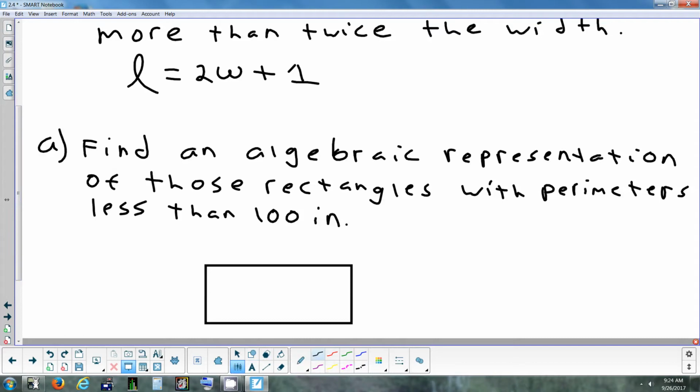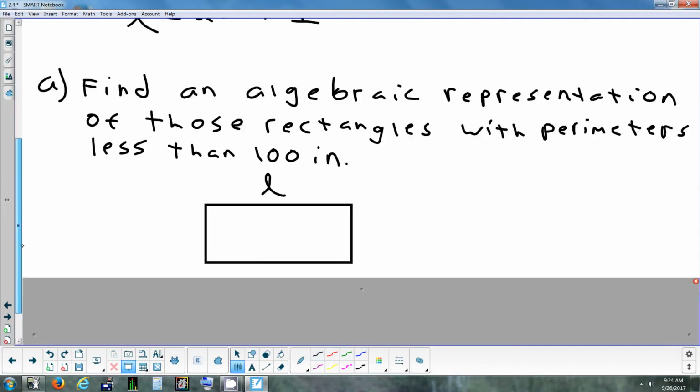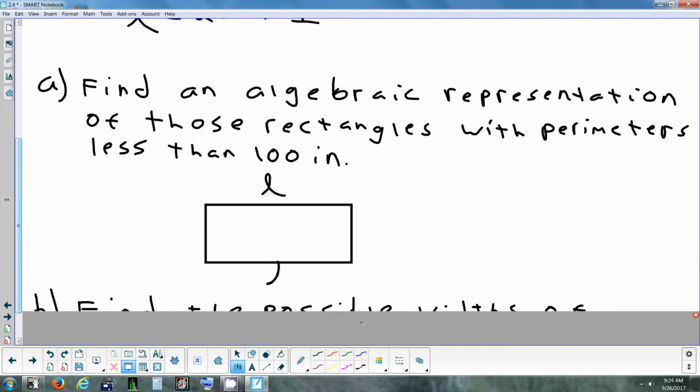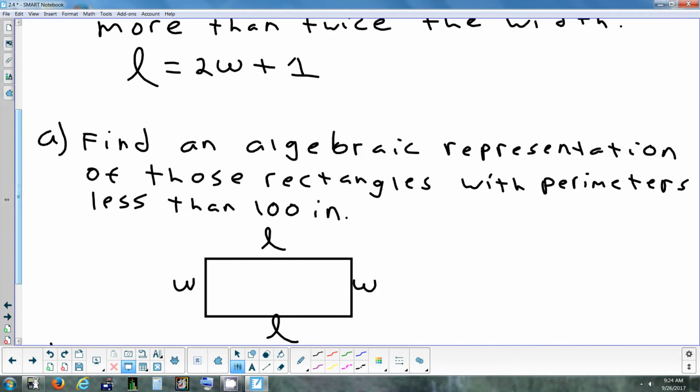The length we don't know, so we'll just call it L and L. And the width we don't know. But what can I substitute for there? Yep, you can substitute 2w plus 1 for the length. So we'll call that 2w plus 1, and that's also 2w plus 1.